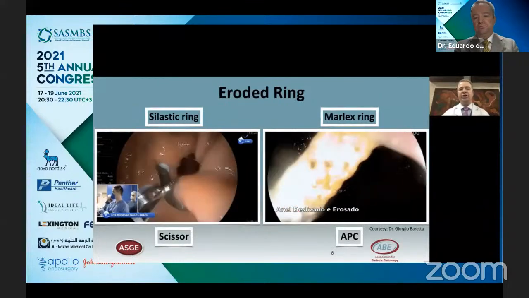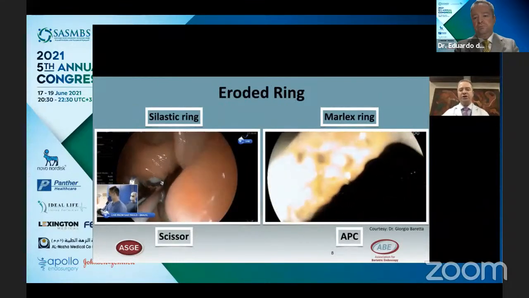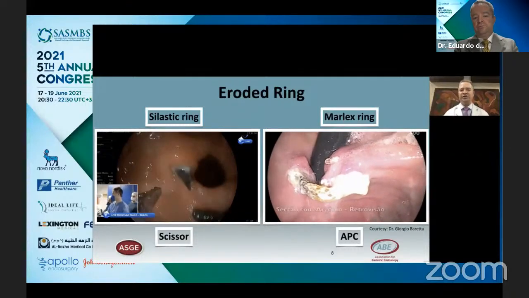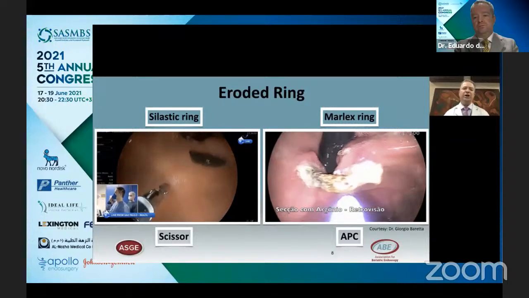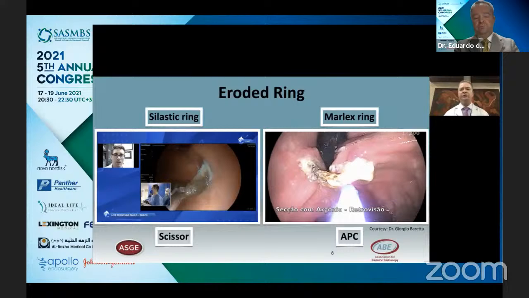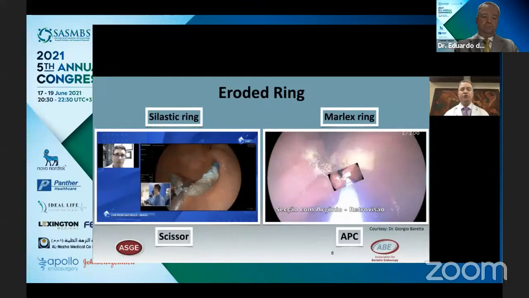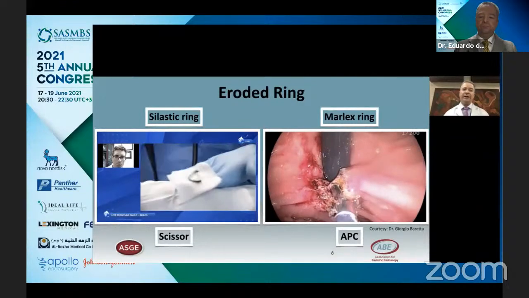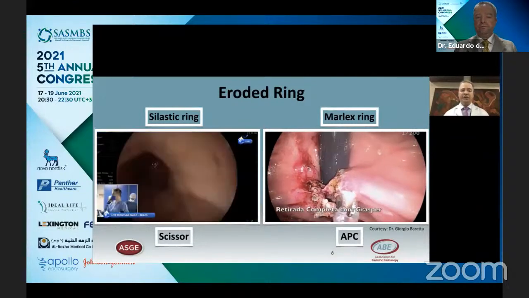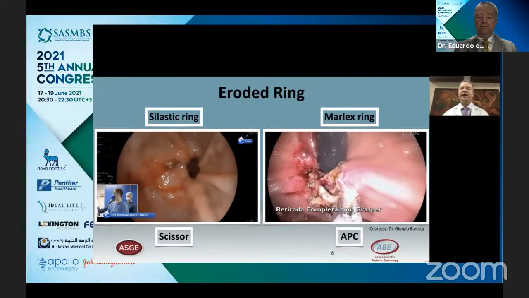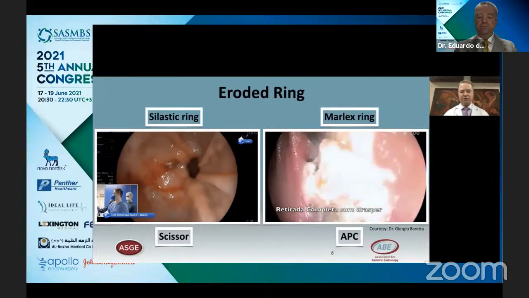Regarding the erosion of the ring, usually it is not related to clinically significant obstruction, although this is possible to occur. The treatment is quite simple. It uses scissors, and when a mesh was used as a ring, the most appropriate technique is argon plasma coagulation.